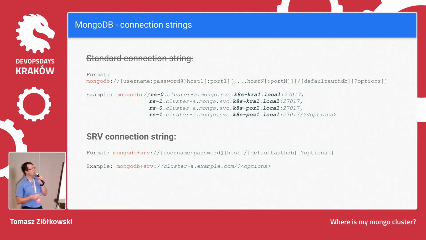We can use an alternative solution, the SRV connection string, which is shorter, but also uses SRV records to dynamically check which nodes are part of the cluster.